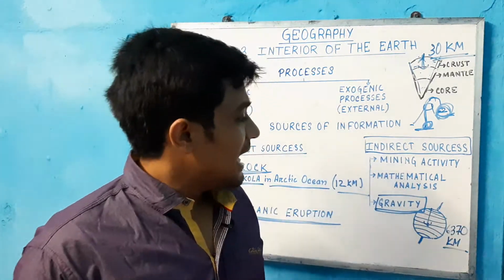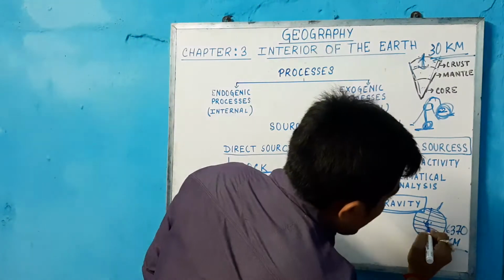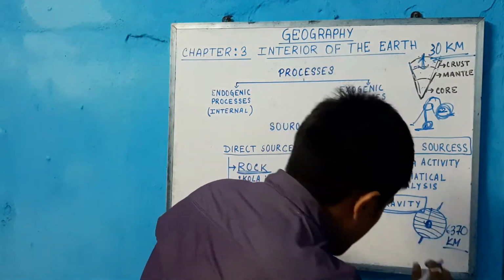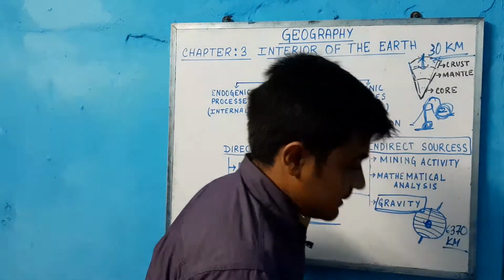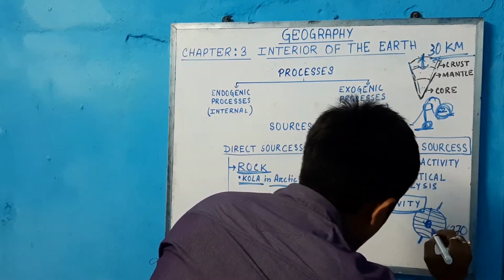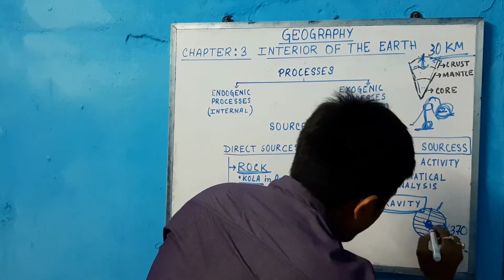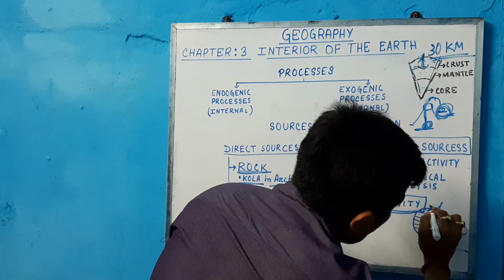Students, gravity is not same all over the earth. The highest gravity we can find in the center of the earth, and the distance from the center is comparatively more in the equator and lesser in the pole region.